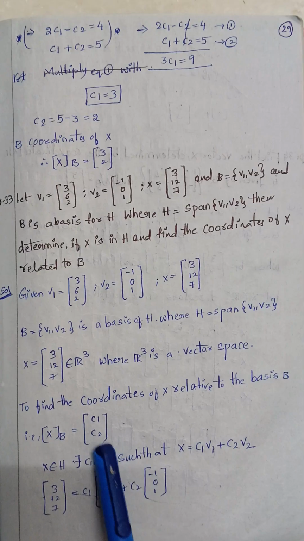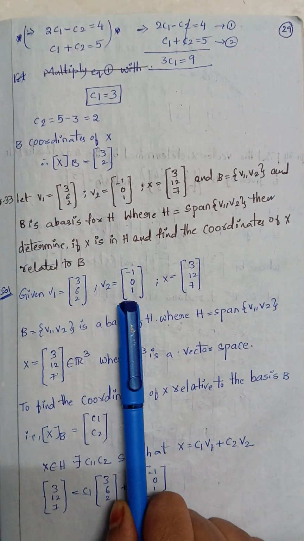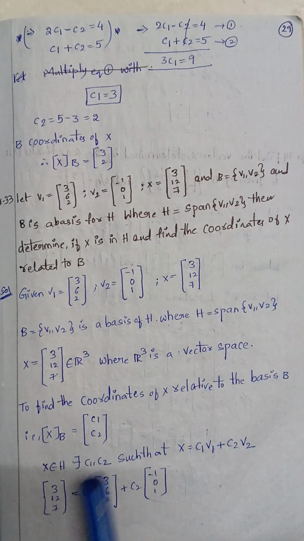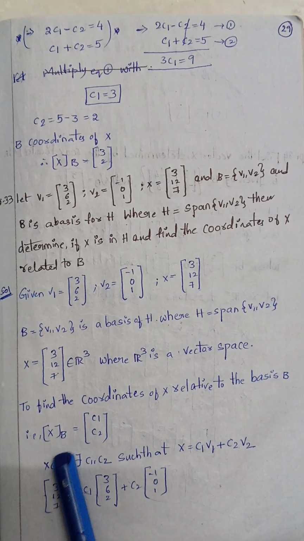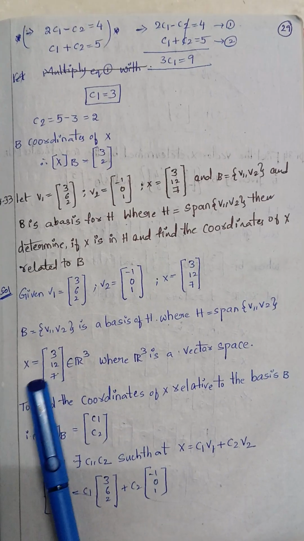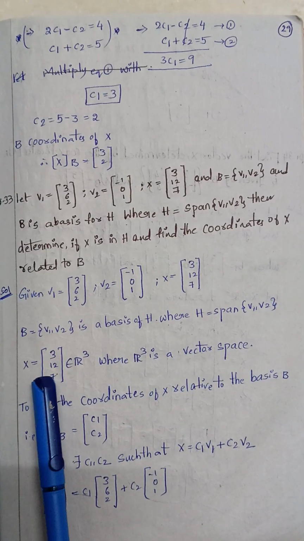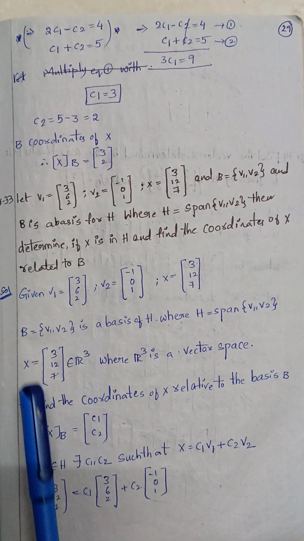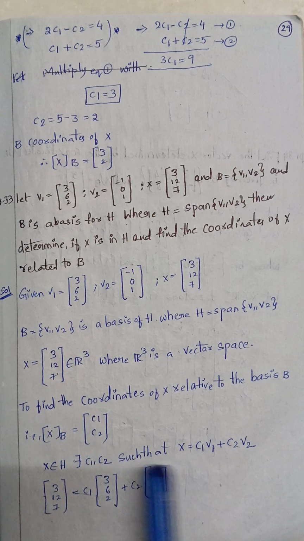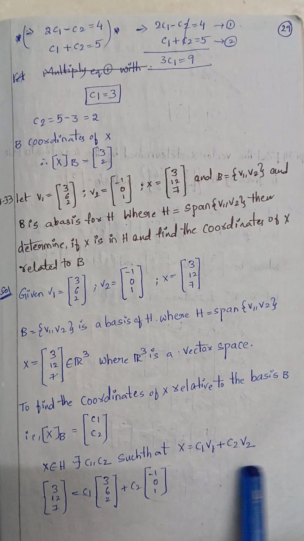How many scalars do we take? It depends on how many vectors are given: v1, v2, 2 vectors. So we take only 2 scalars c1, c2 as [x]_B, and we need to find the values of c1, c2. For that, x is a vector in R3, and x is spanned by these 2 vectors in the sense that we must take 2 scalars such that x can be written as c1 v1 plus c2 v2, which is the linear combination.